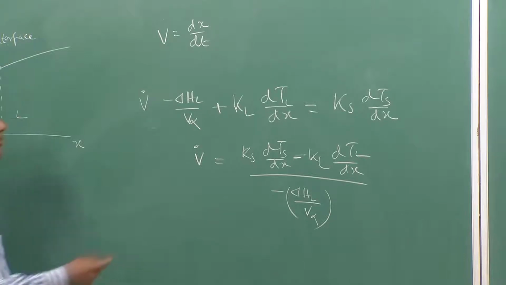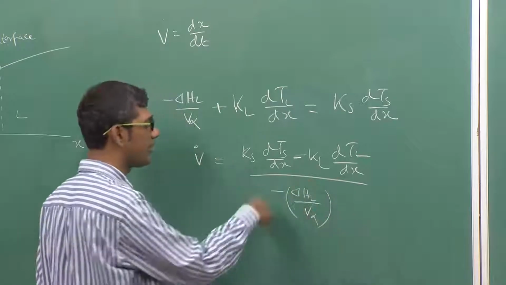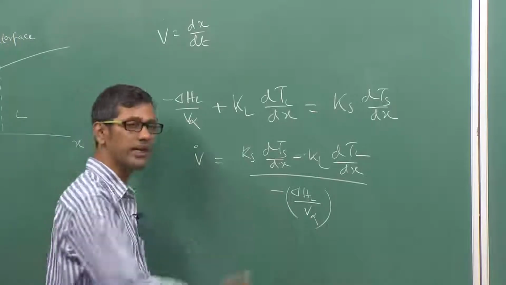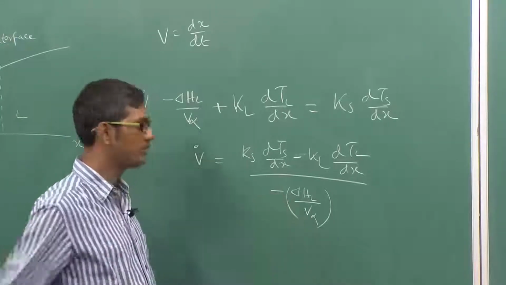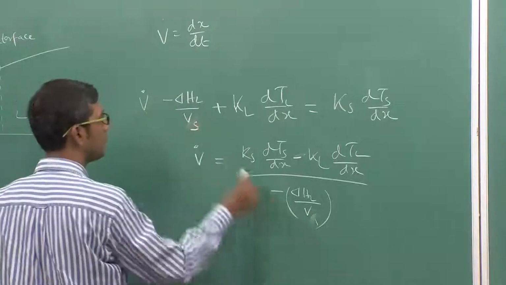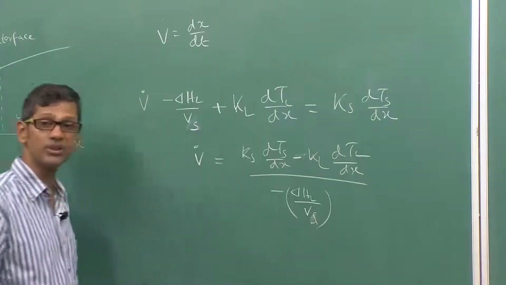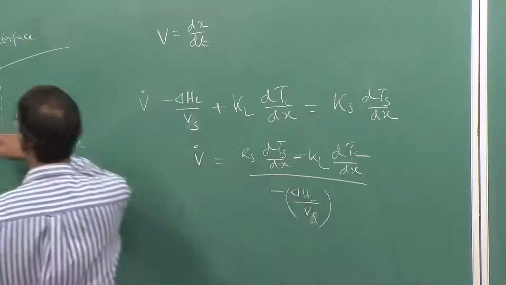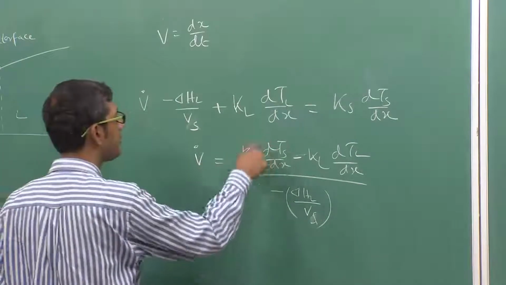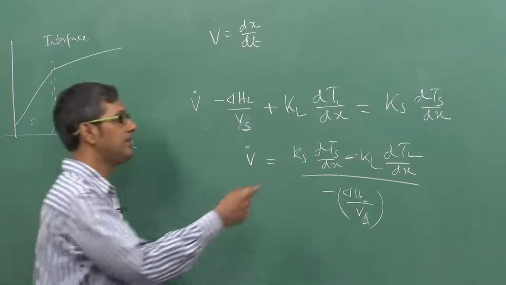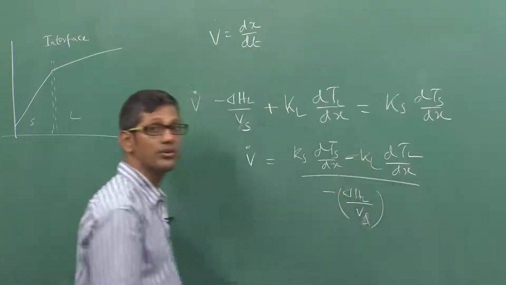Because this term is always positive, the delta H is the heat evolved, that is why you put a negative sign here, but otherwise this is positive. Volume of solid, not alpha, sorry, volume of solid is also positive. So Ks dTs/dx is positive here, K is positive. Similarly dTl/dx and KL is also positive.